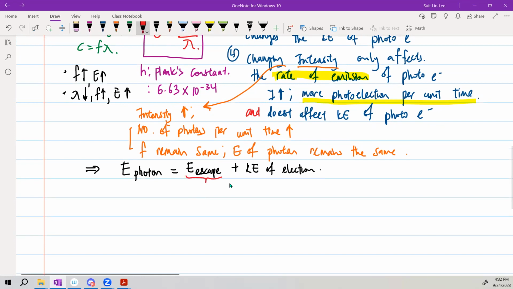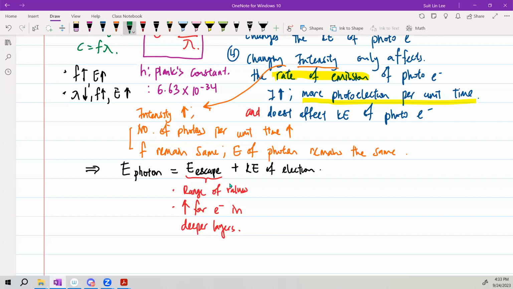So this one is a range of values. This one increases for electrons in deeper layers of the metal. They're deeper inside the metal and need more energy to come out. And this kinetic energy will respond. So hence, this is also a range of values.